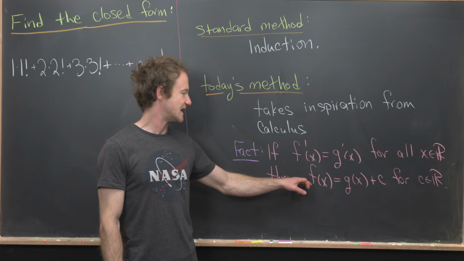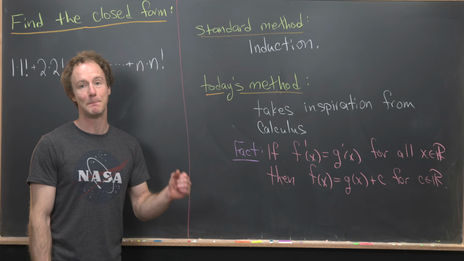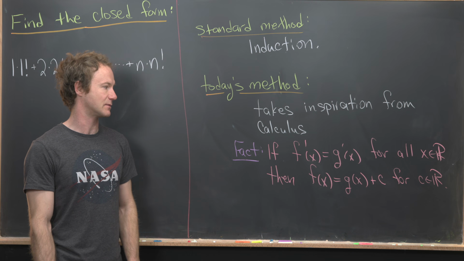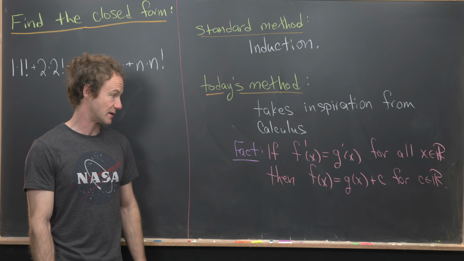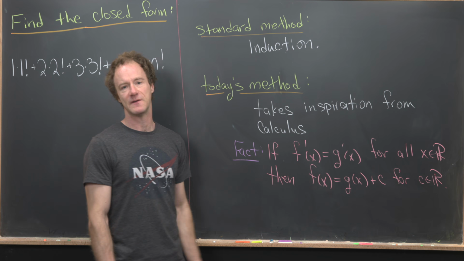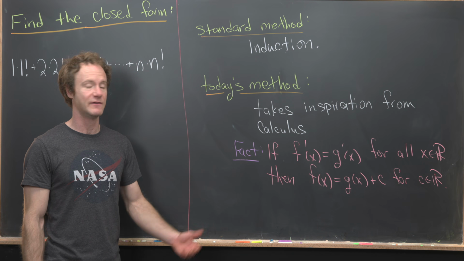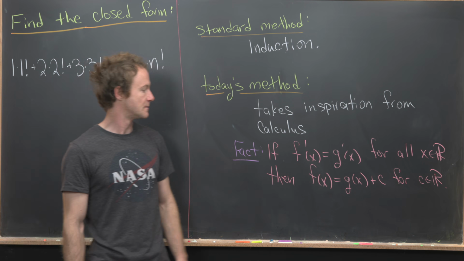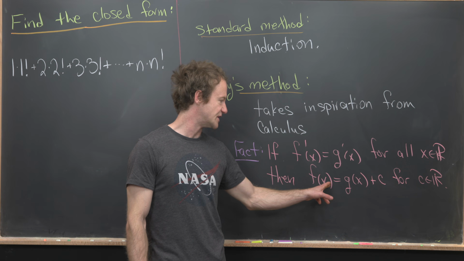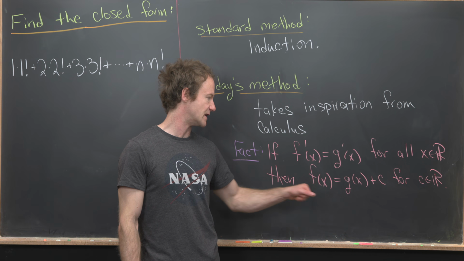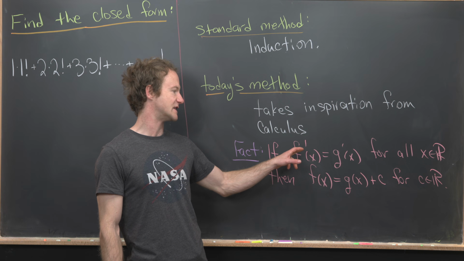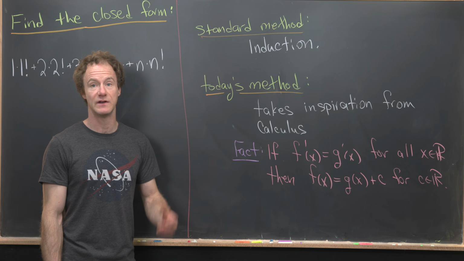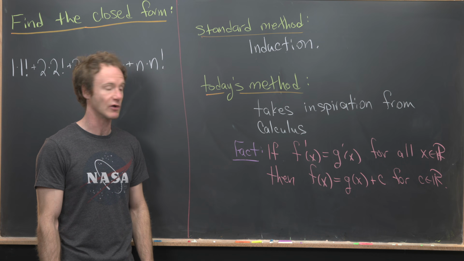So we can say that f of x equals g of x plus some fixed number c, where c is a real number. This follows from the fact that if you take the derivative of a constant, you get 0. So notice if we were to subtract g of x and take the derivative, we would end up with f prime minus g prime equals the derivative of a constant, which is equal to 0.